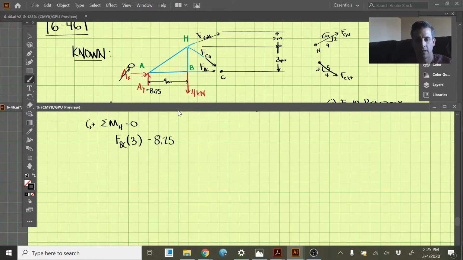And the perpendicular distance from H to A here is 4 meters. So doing that, setting that equal to 0, we come out FBC is equal to 11.0 kilonewtons, and that is in tension. That's a positive number, so that's in tension. And that's one of the answers that we need for this problem.